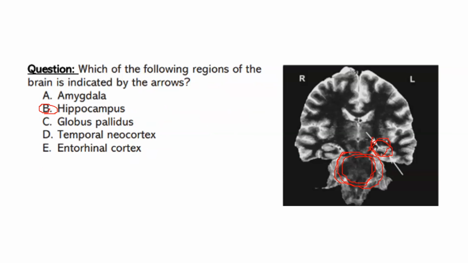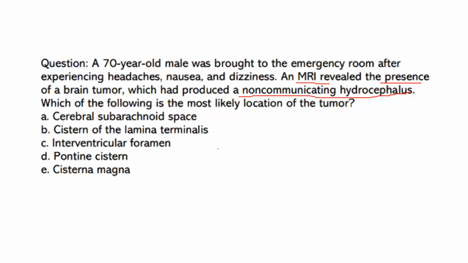Like we said, since we're pointing at the structure and you can see the midbrain, that makes it the hippocampus, basically. So for this question, non-communicating hydrocephalus, so there's a block somewhere. Usually you'd expect it to be the aqueduct of Sylvius, but that's not an option here. The other case is usually the foramen of Monro, or the intraventricular foramen.